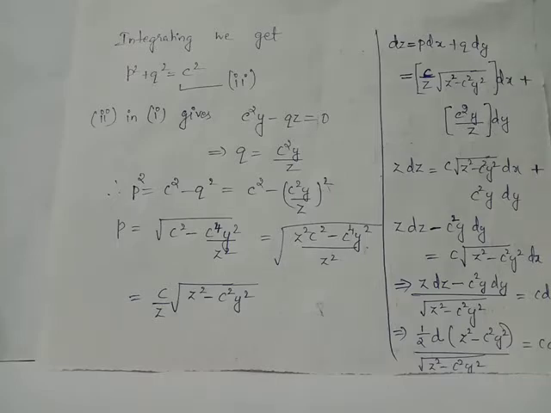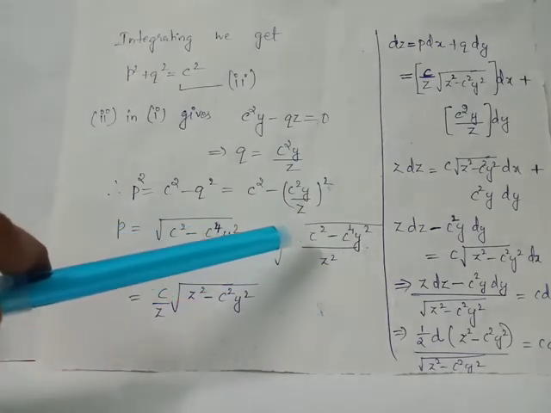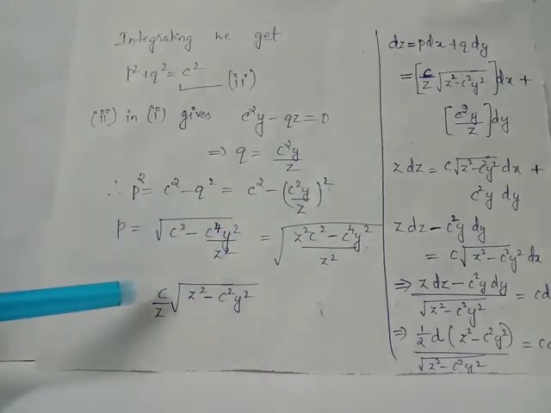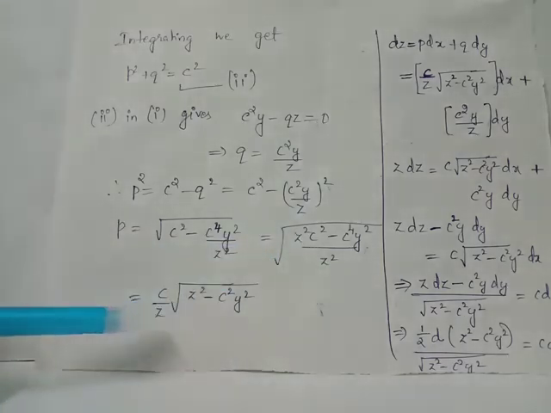We have c square that can be taken outside from the numerator, and when taken outside the square root, it becomes c. Z square can be taken outside the square root and it becomes z. Therefore, we obtained p equals c by z into root of z square minus c square y square.